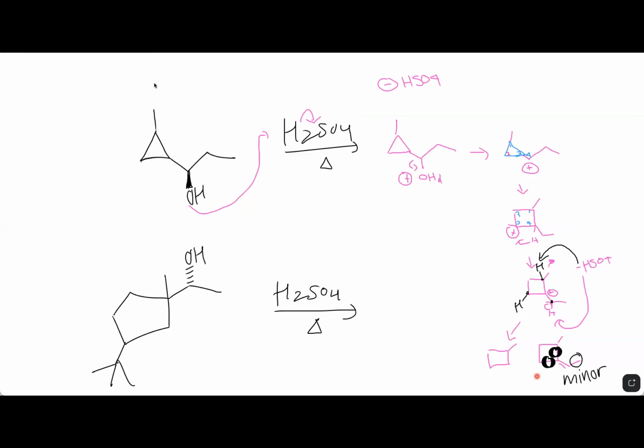Where's the carbocation at? Oh yeah, it's here. Then the double bond would be there. Yeah, there you go. Now here we have a one, two, three, four, tetra-substituted double bond, which is more stable, more major than the tri-substituted one. Okay. That's good.